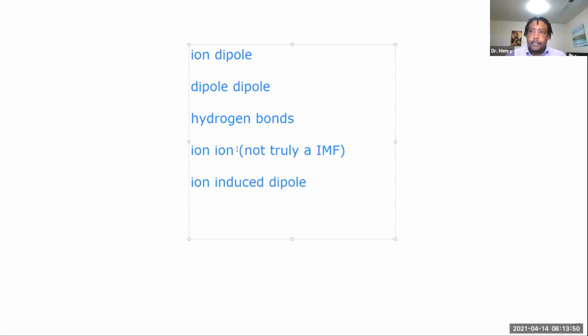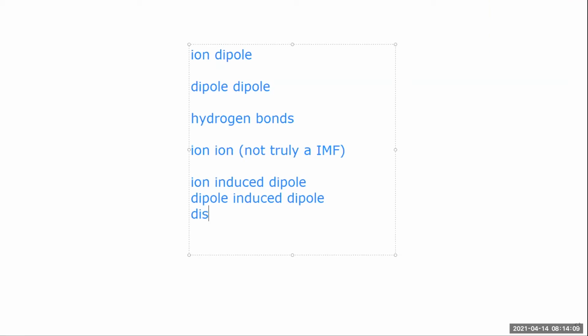And then dipole-induced dipole. And then the last one, dispersion. Right? Dispersion. Okay.